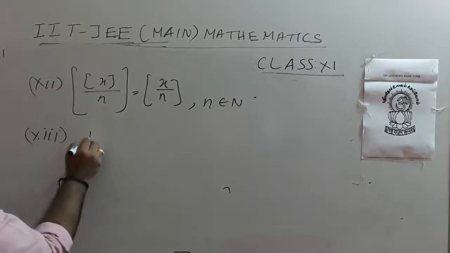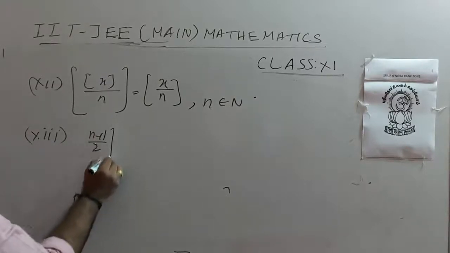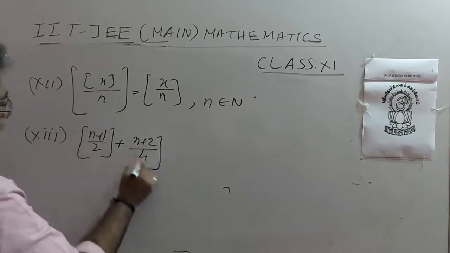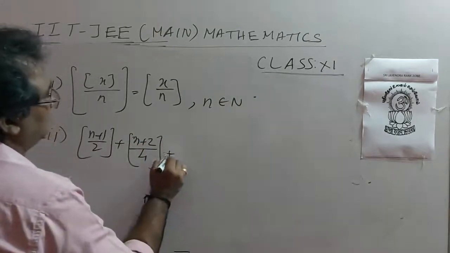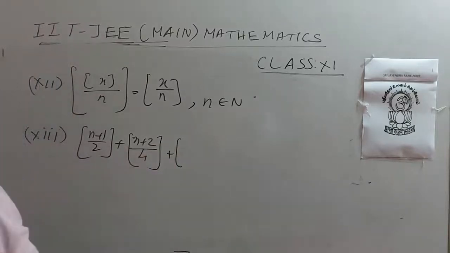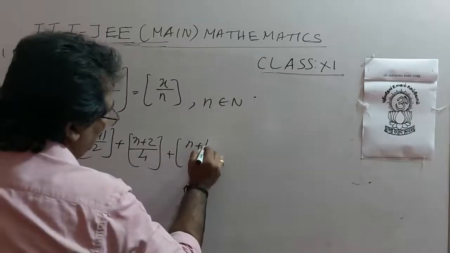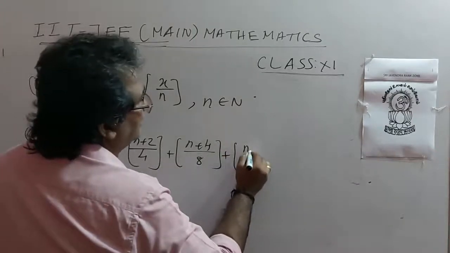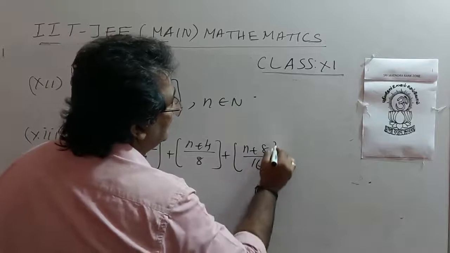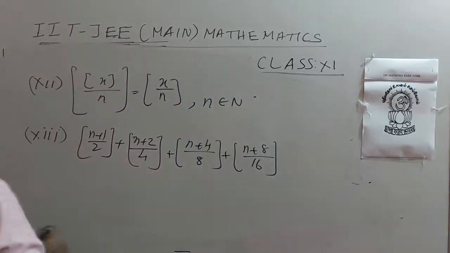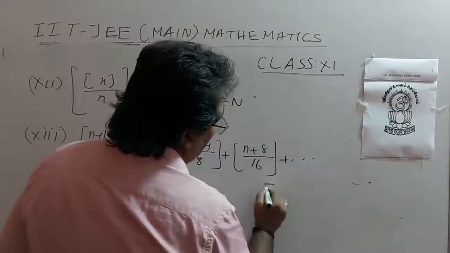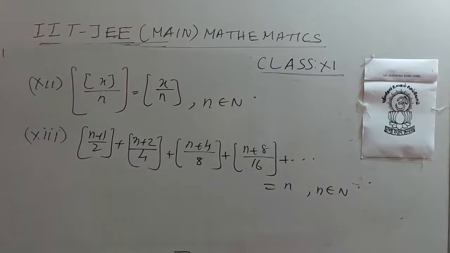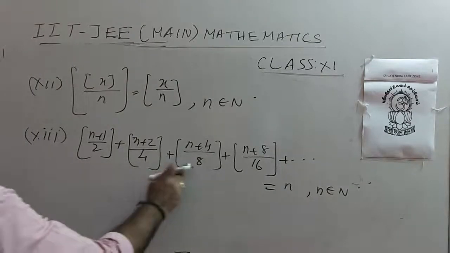So 13: n plus 1 by 2 plus n plus 2 by 4 plus n plus 4 by 8 plus n plus 8 by 16 equal to n, and n belongs to natural numbers. Here the denominators are 2 squared, 2 cubed, 2 power 4 like that.